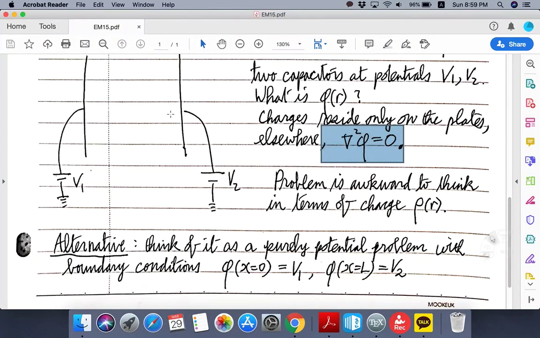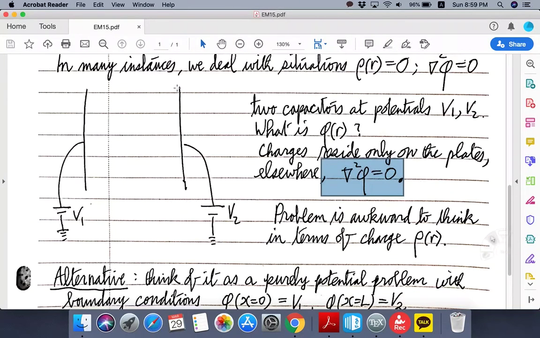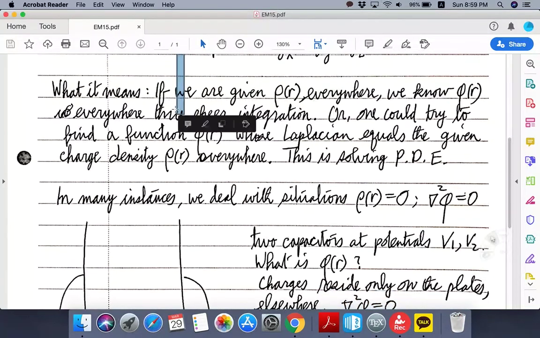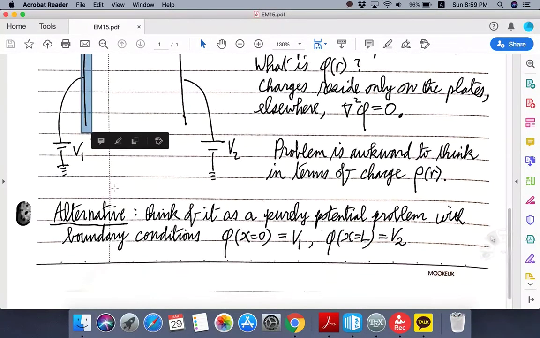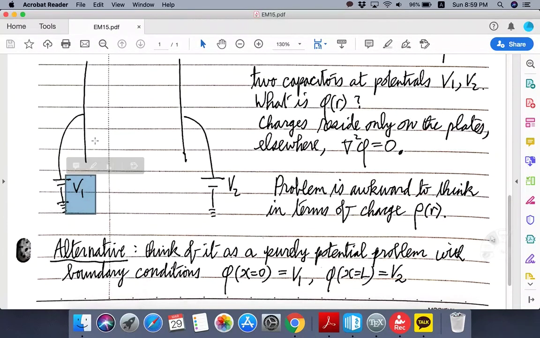Okay, so rather than worrying about how much charge is sitting on top of this plate or on top of that plate, we just say that this plate has a fixed potential V1, and this plate over here has a fixed potential V2.